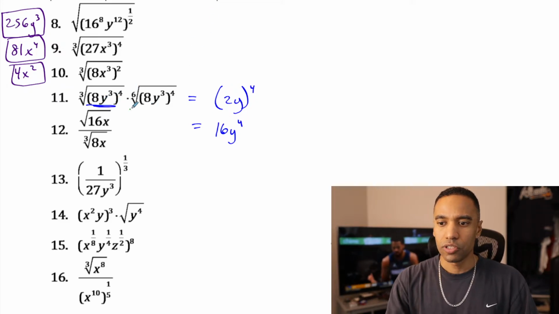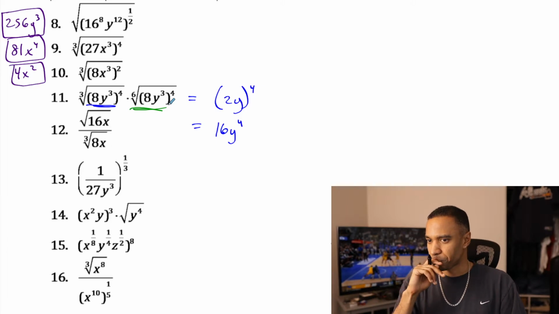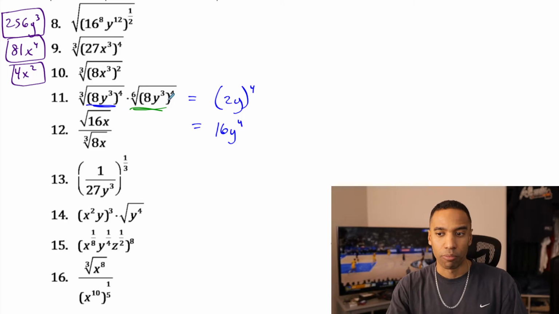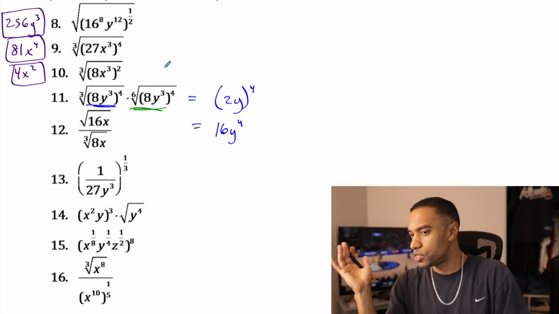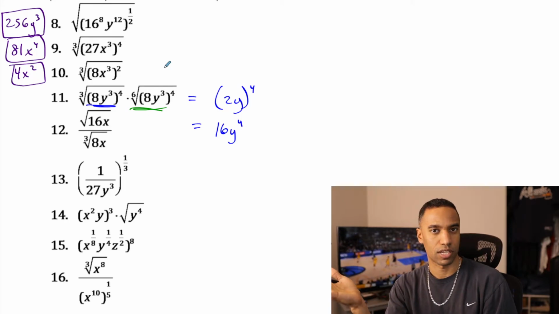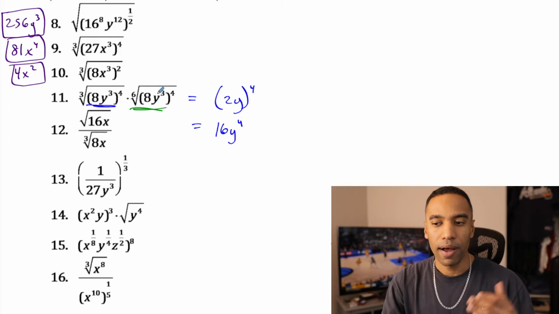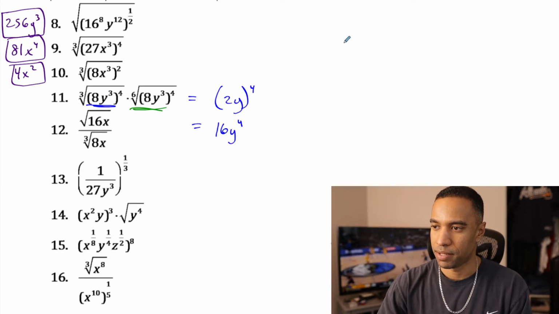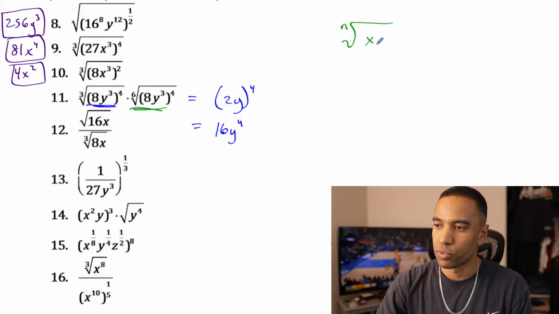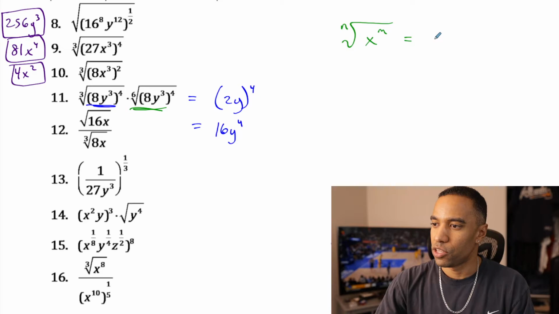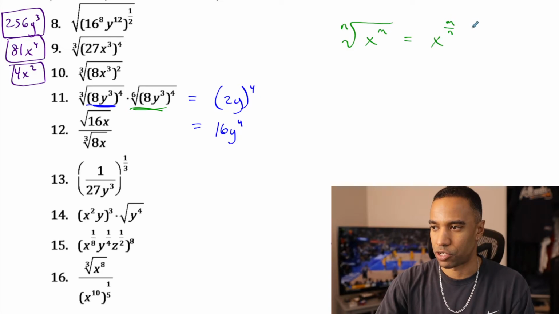Now this guy's a little tougher. And this is where looking at this in different forms is very helpful for us. I don't know the sixth root of 8. It's not a perfect sixth power thing. But as this is raised to the fourth power, we go to this property that if you take a root of a power right here inside the radicand, you can rewrite it as a fraction.